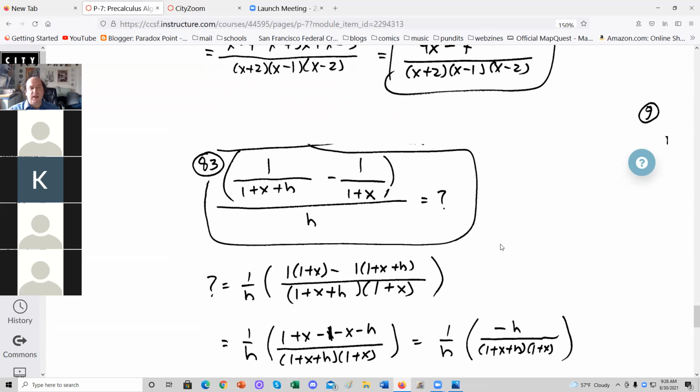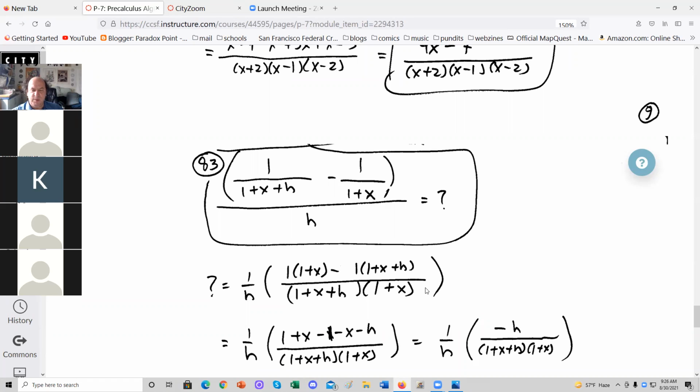This is something called Newton's ratio for a function 1 over 1 plus x. It's an attempt to find out the rate of change. And we have this difference, 1 over 1 plus x plus h, all that minus 1 over 1 plus x, all that divided by h. Well, so, all right, in the numerator, we cross multiply. First we pull out the 1 over h, otherwise it just gets too bulky.